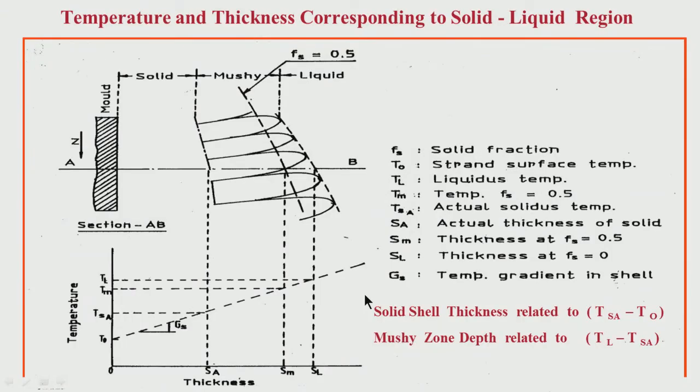So, if the solid shell is relatively thin and the mushy zone is relatively more, the strength of the shell also will be relatively less. So, this we will be discussing later on, but what is important to know is that because of the suppression of the actual solidus owing to segregation, the depth of mushy zone increases and the thickness of solid shell decreases. This is important to remember.